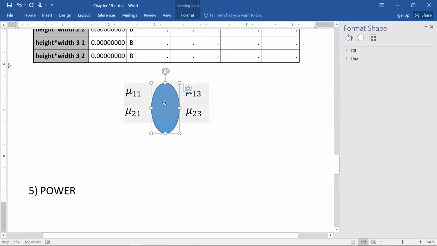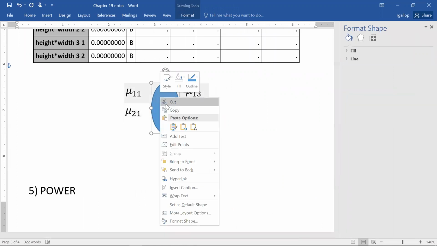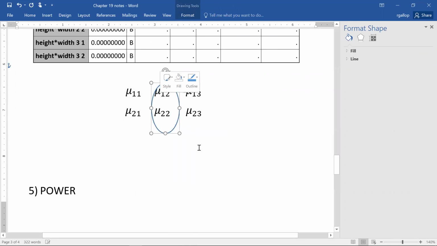So if we look at the middle, so let me go real quick here. So put no fill.